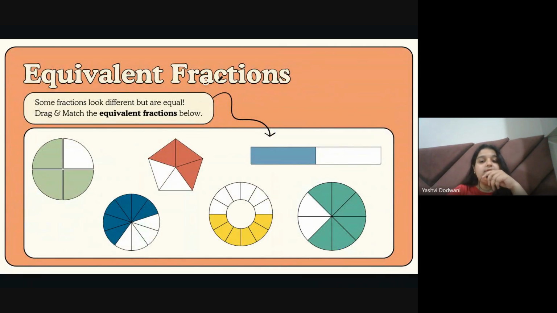Moving on, equivalent fractions. Some fractions look different but are equal. Let's say this circle. Can anyone tell me the numerator and the denominator of this circle?